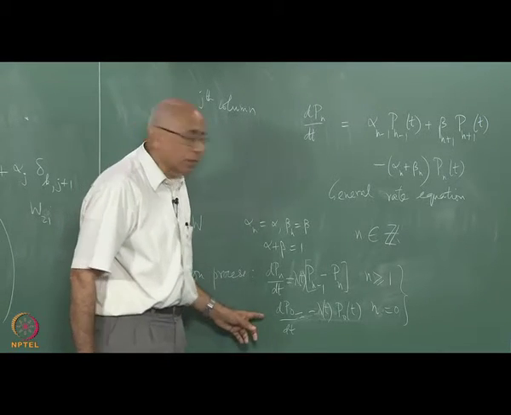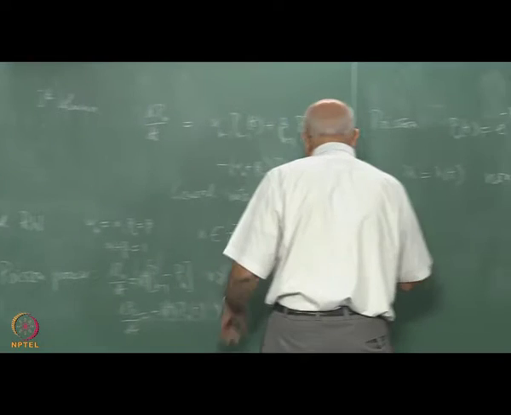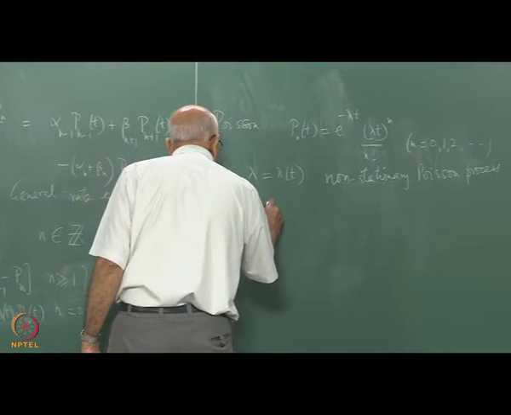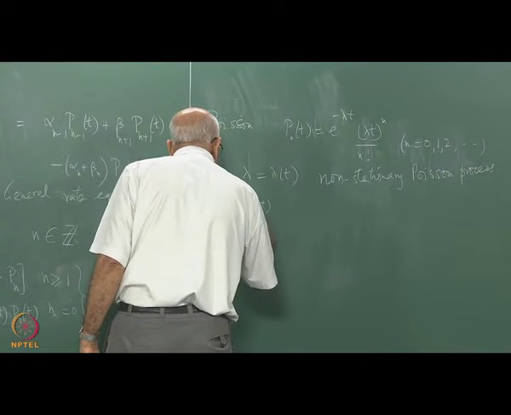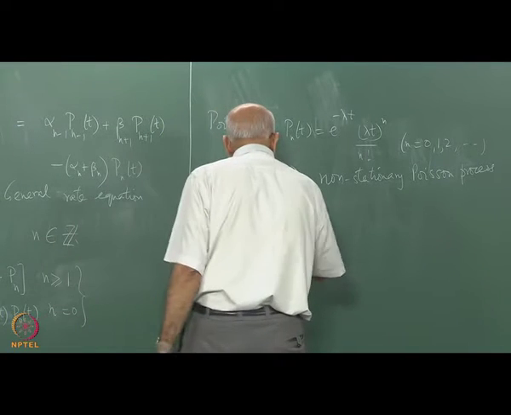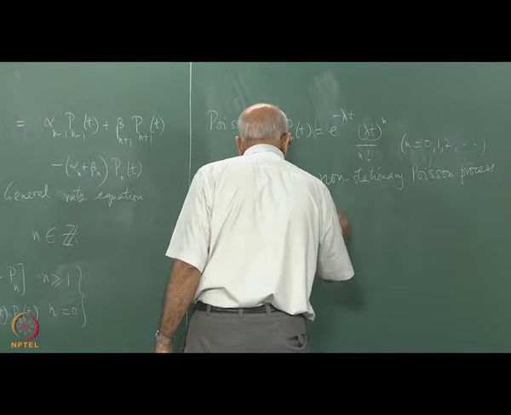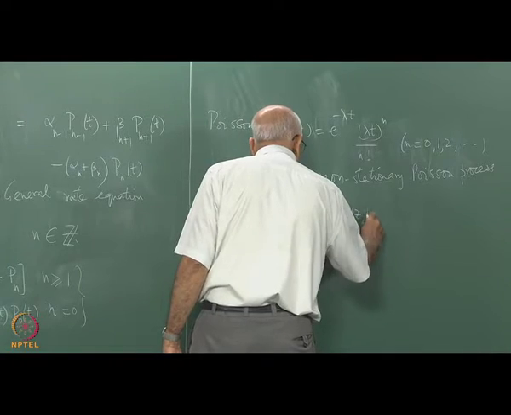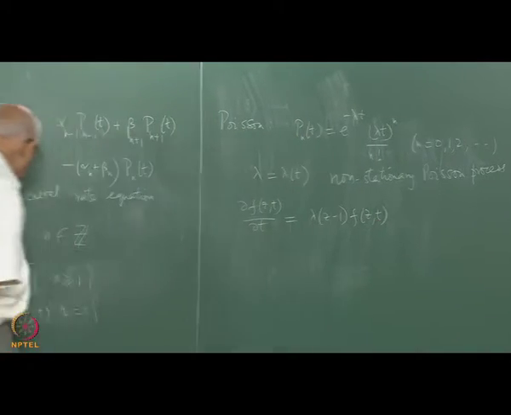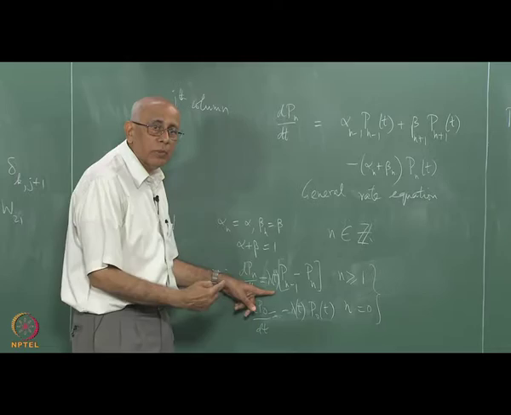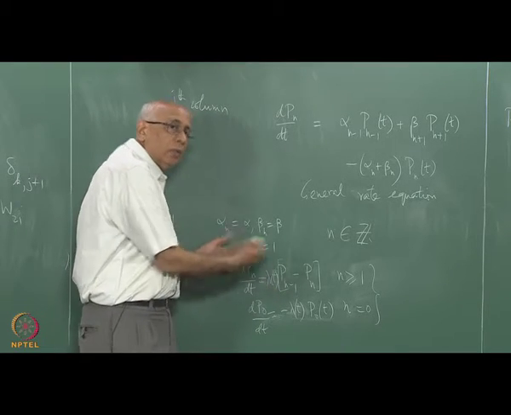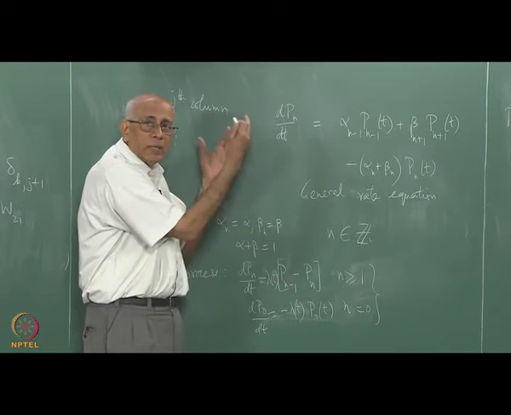And we got an equation which said essentially partial f of z comma t over partial t was equal to lambda times z minus 1 times f of z comma t. We got a z because there is an n minus 1 here. So when you multiply by z to the n, you have to remove a z and write it as z to the n minus 1 and sum.